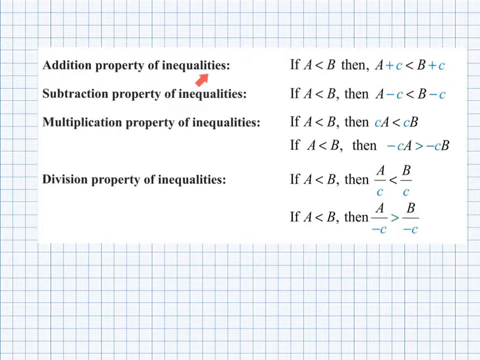So the addition property of inequalities: if A is less than B, then A plus C is less than B plus C. The subtraction property of inequalities: if A is less than B, then A minus C is less than B minus C. I'm not going to talk about the multiplication and division ones here, but I just want you to know that there are 4 properties related to addition, subtraction, multiplication, and division of inequalities.